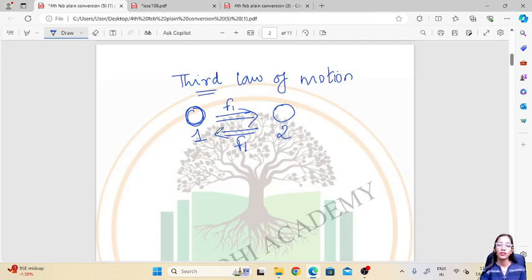This statement means that this force will be exerted on the other object and this force will be exerted on the other object. It can't be like the force exerted by this object will be on the same object. No, it is not like that.